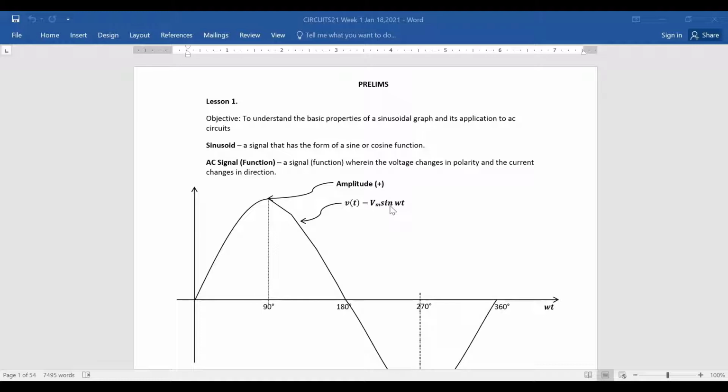Otherwise, we can use cosine, say Vm cos omega t, something like that.